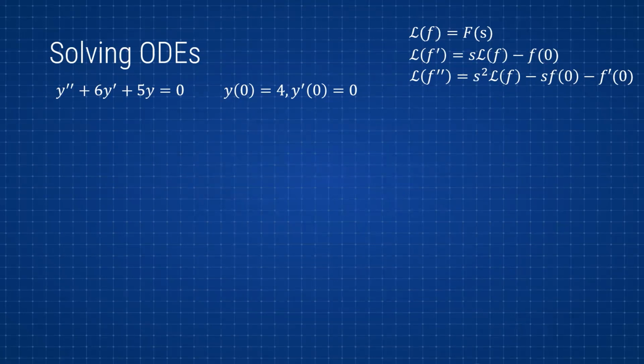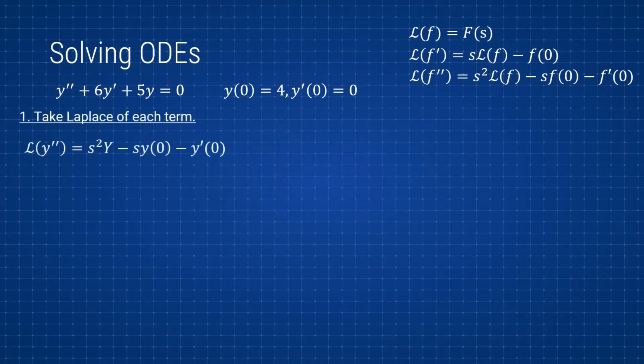So the first step that we need to do is the following. We need to first take the Laplace of each term. That's what I like to do. So let's start with the Laplace of y double prime, going from left to right.